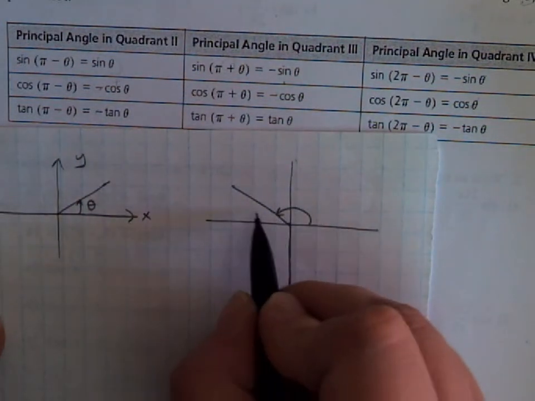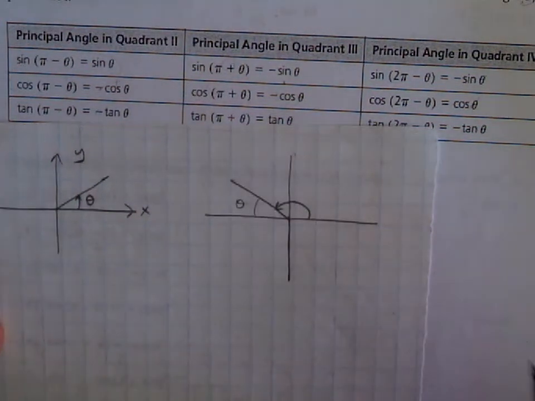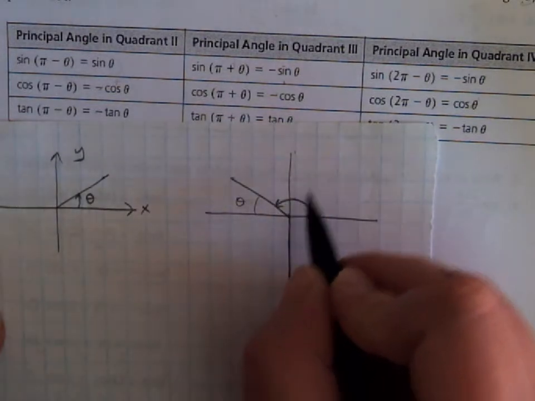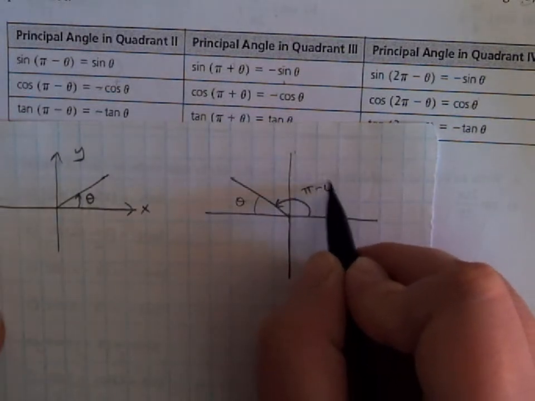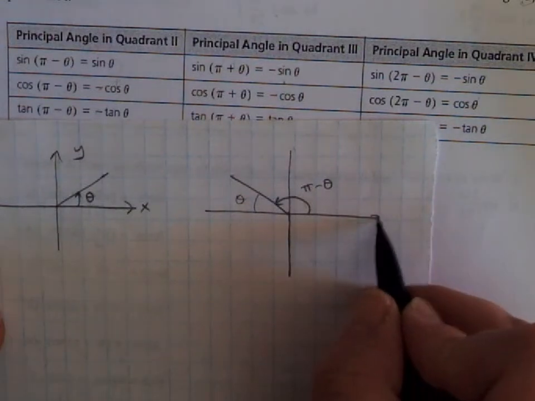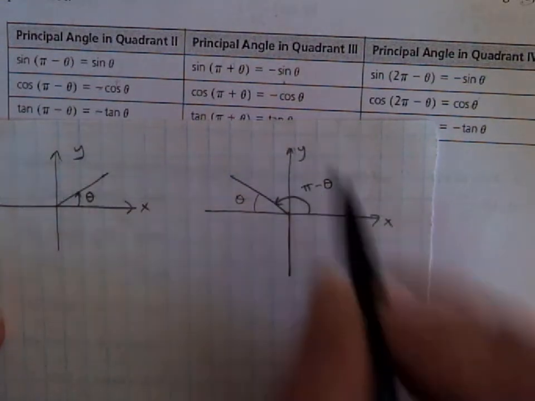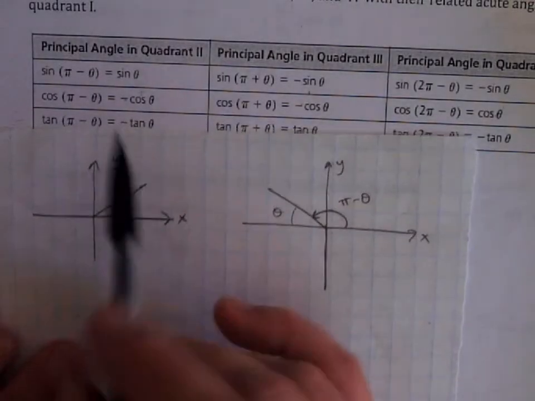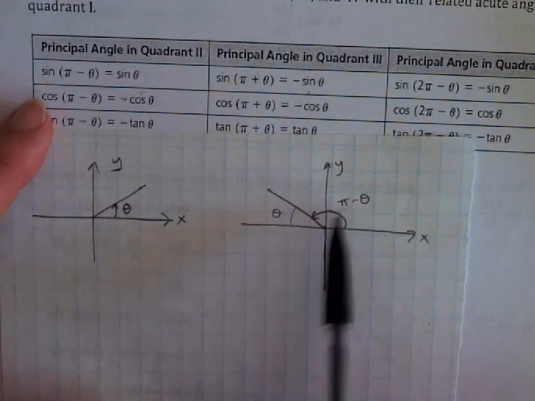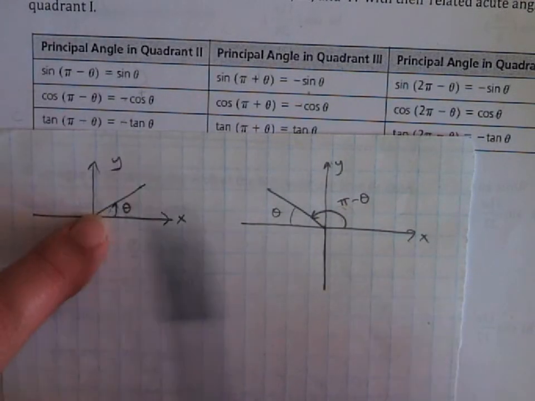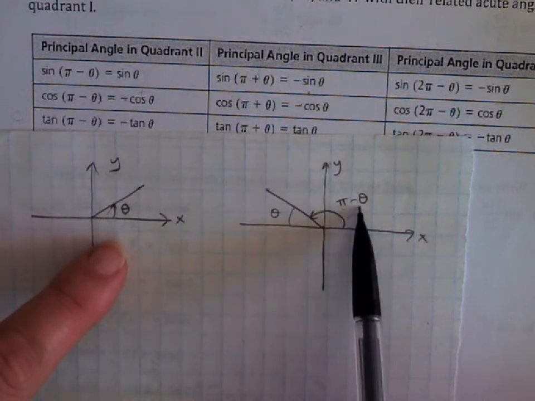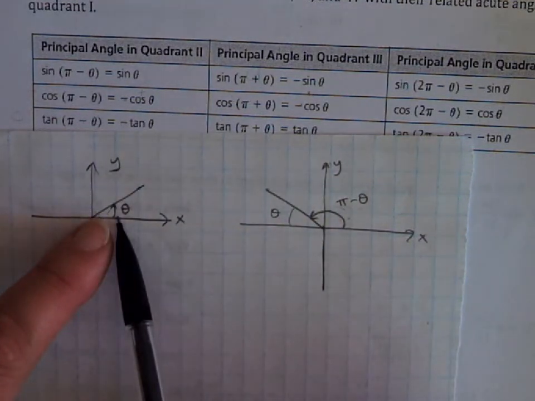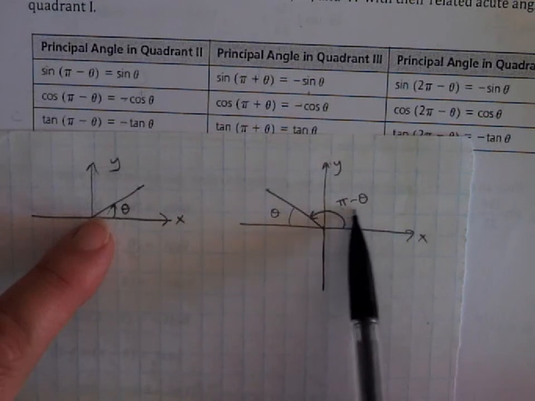So if that is theta, which is related acute, then this principal angle is going to be pi minus theta, obviously. Then now you're going to compare sine of this angle with sine of this angle, right? Sine of pi minus theta with sine of theta.